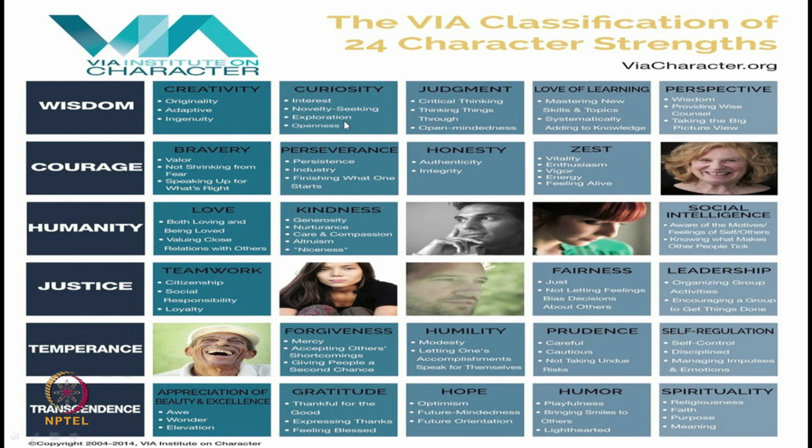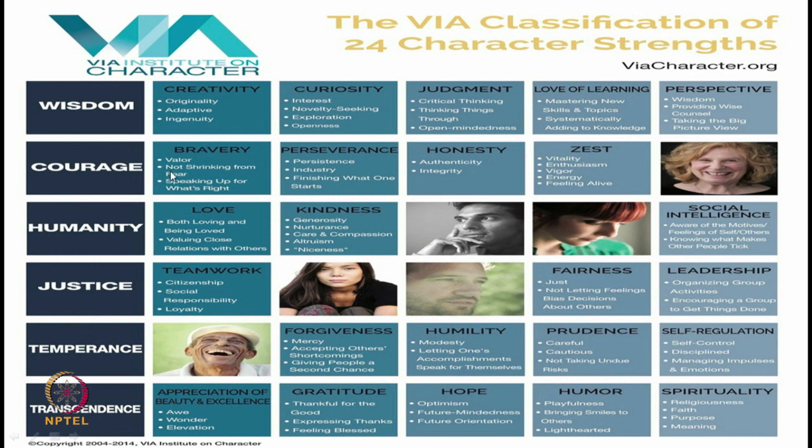Curiosity: interest, novelty seeking, exploration, openness. Judgment: critical thinking, thinking things through, open mindedness. Love of learning: mastering new skills and topics, systematically adding to knowledge. Perspective: wisdom, providing wise counseling, taking the big picture view.